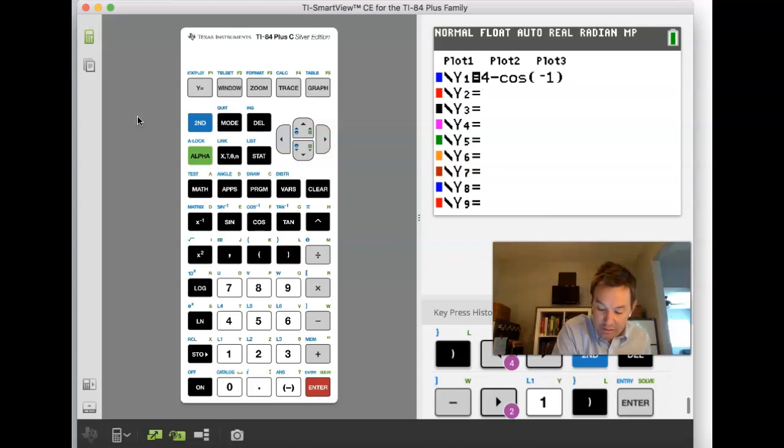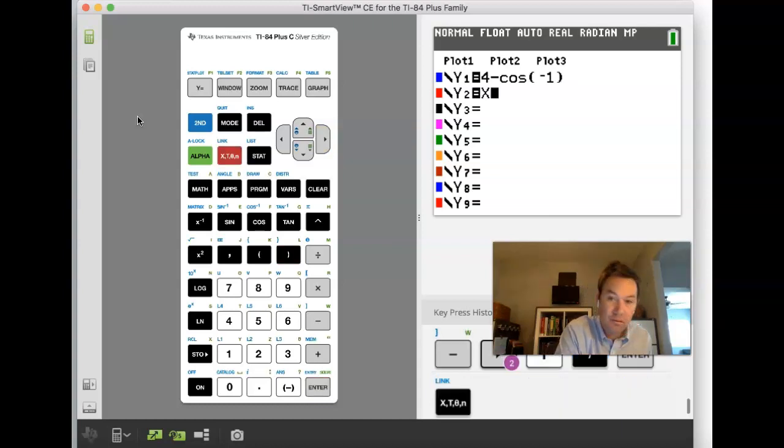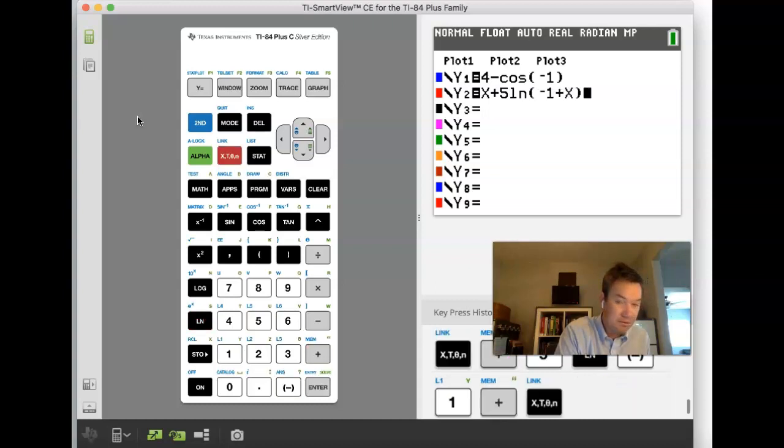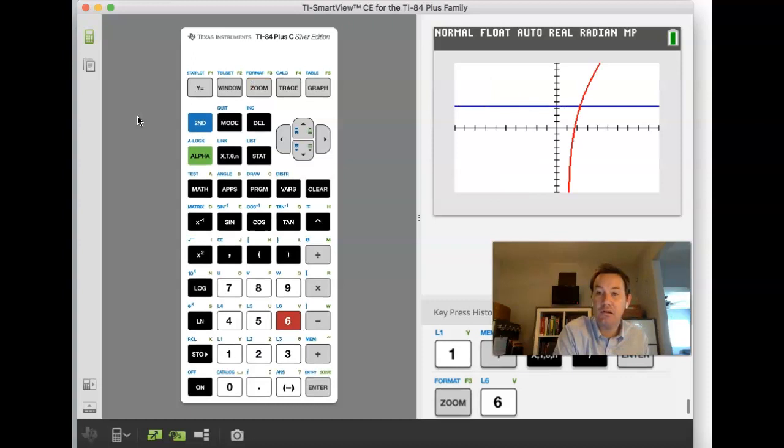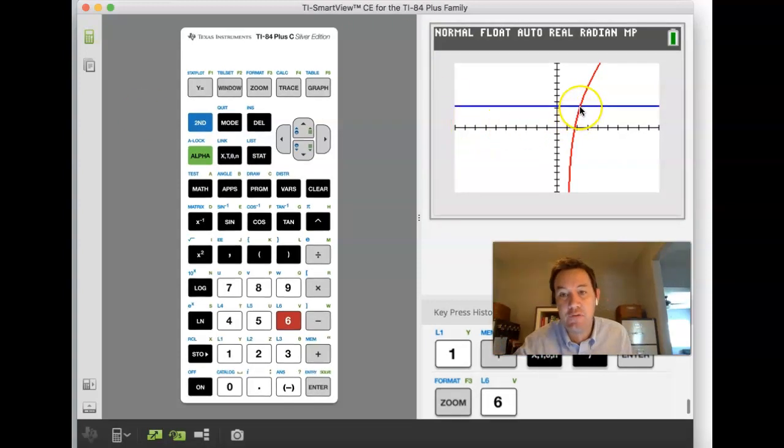Put the right side in y2, so I'm going to do x plus 5 natural log of -1 plus x. And I'll do zoom 6, we'll start there. Great. So we can clearly see there's a point of intersection, and that's what we want to find. That's going to be the solution to our equation.